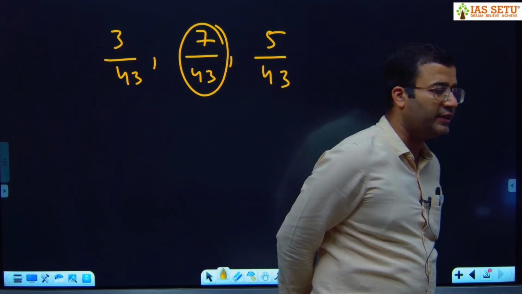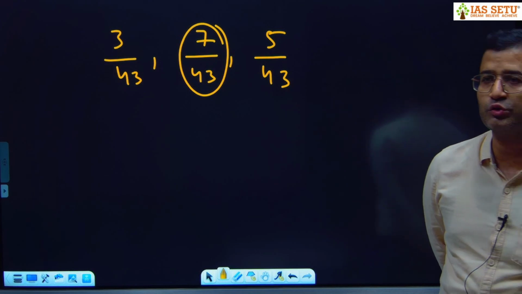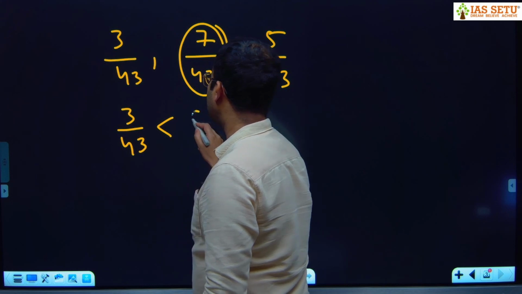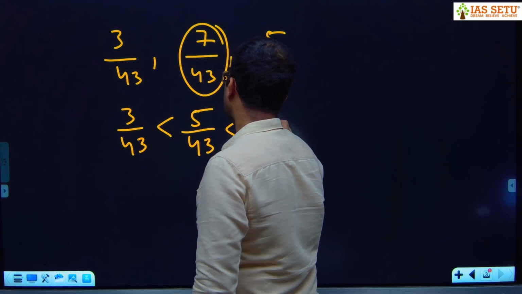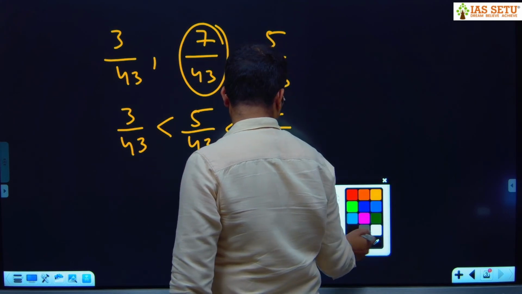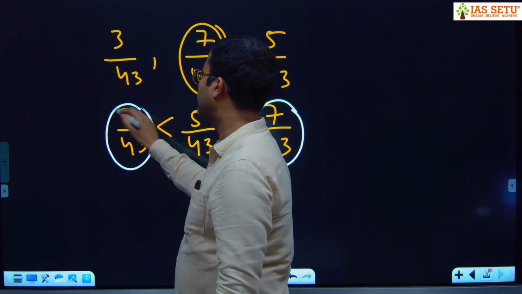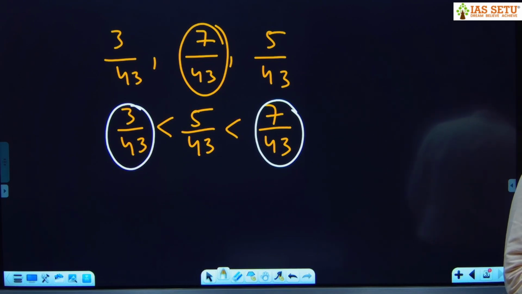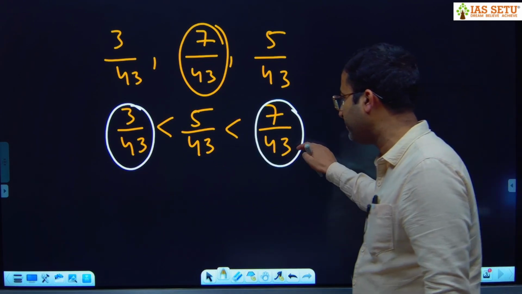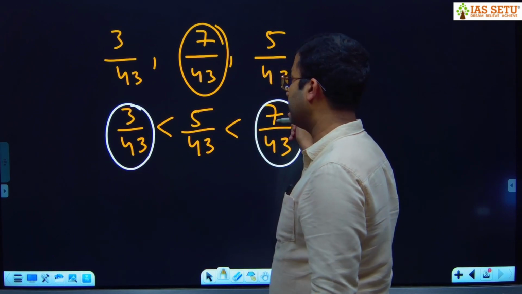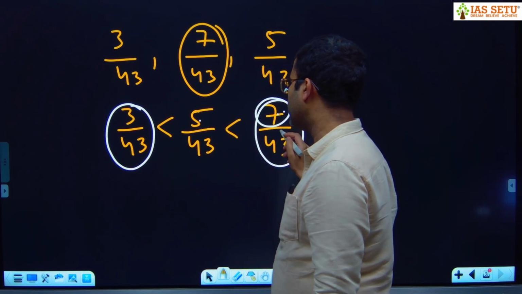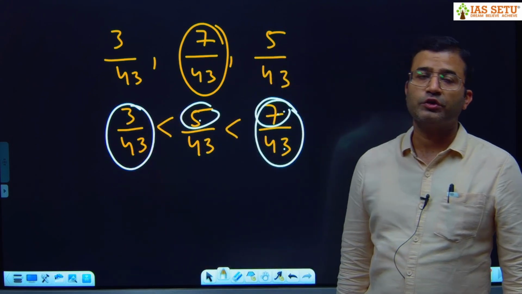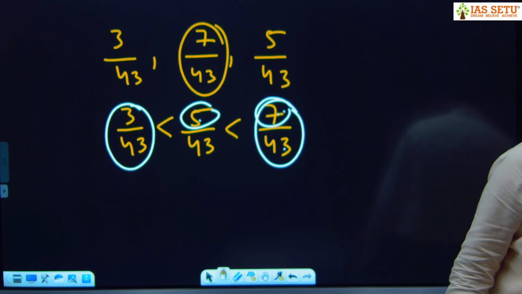To arrange in ascending order, from smallest to largest, 3/43 is smaller than 5/43, smaller than 7/43. What is there to repeat: if the denominator is the same, as the numerator increases the value increases. 7 is greater than 5, so 7/43 is greater than 5/43; 5 is greater than 3, so 5/43 is greater than 3/43.